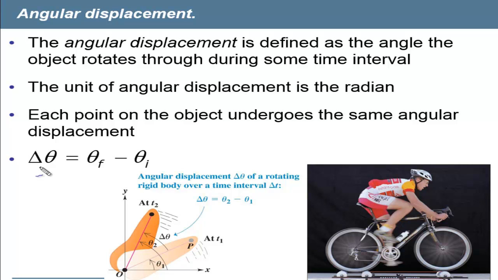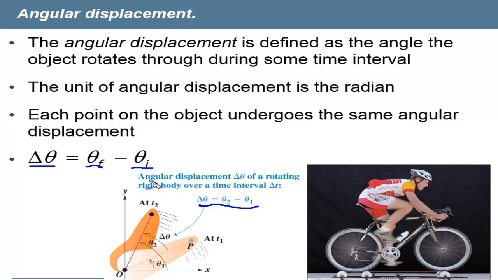And we call this change in angle, this delta theta, your final angle minus your initial angle, right? Or you could say delta theta is theta 2 minus theta 1. This is going to replace delta x, or our change in position from the chapter 2 material.